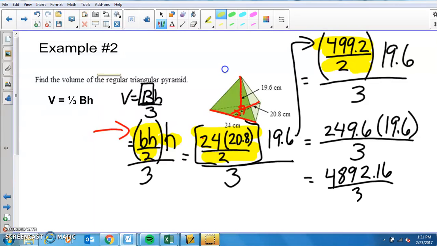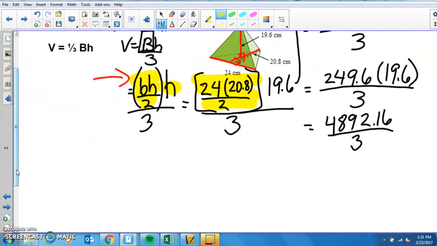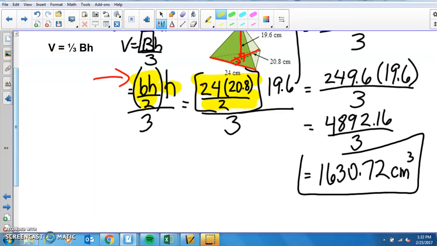We're going to divide that now by 3. So when we divide 4,892.16 divided by 3, that gives you an answer of 1,630.72 centimeters cubed. So that would be our volume of this triangular pyramid.